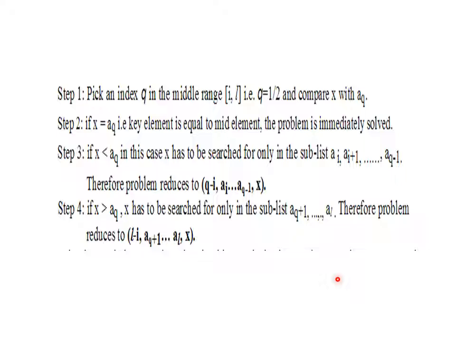So the first situation: if the middle item in the list is equal to the search item we want to search, in this case, the search is successful. So the first time itself, when we calculate the mid index value and compare the mid item with the search item, if it matches in the first attempt, then there is no need to proceed further.